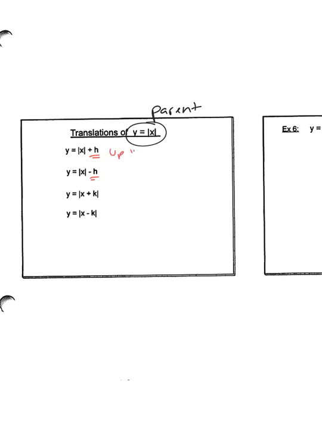Plus is up that many units, minus is down that many units. And if you have a number adding or subtracting inside of the absolute value, it's taking you left and right. If it's plus k, it's actually going left k units. And if it's minus k, it's going right k units.